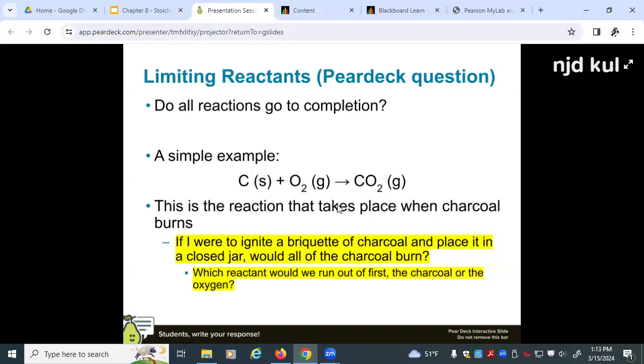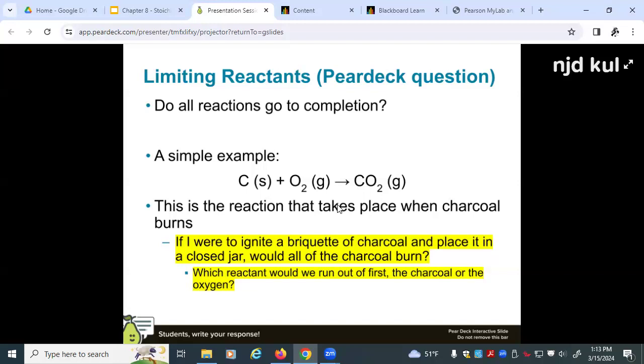My question to you is this. If we were to take one of those charcoal bricks and light it, and then put that lit charcoal brick into a glass jar and close it up, what would happen? What would run out first?